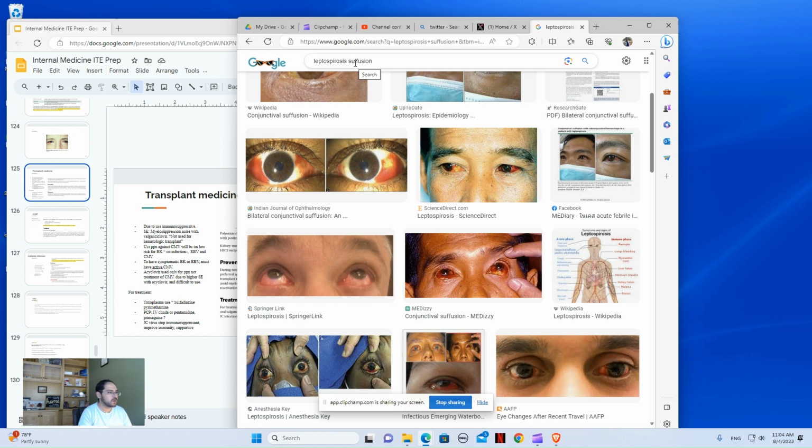Most common on the test are BK virus and JC virus, and those have to be associated with CMV. So the patient has to have an active BK virus, or progressive multifocal leukoencephalopathy with the JC virus. Those patients present with kind of encephalitis, altered mental status, maybe focal neurological deficits.